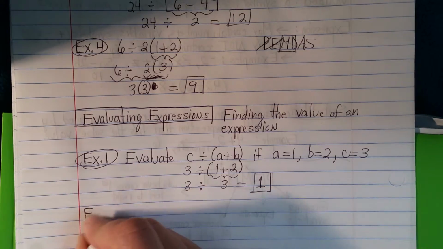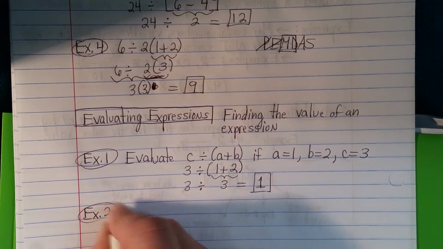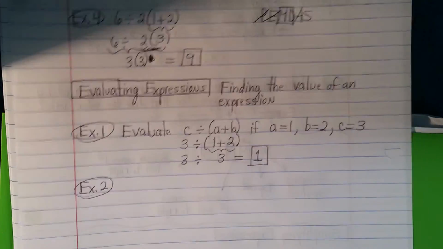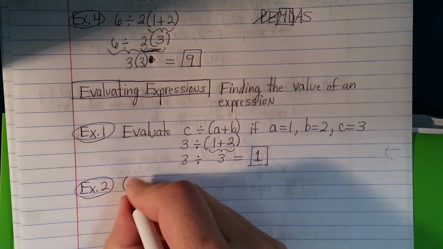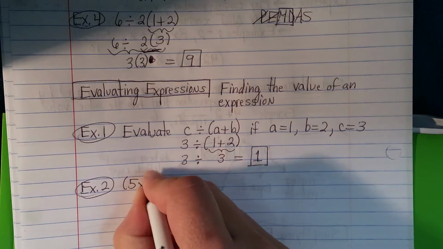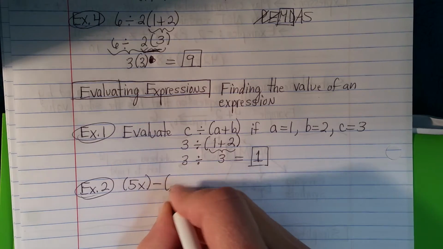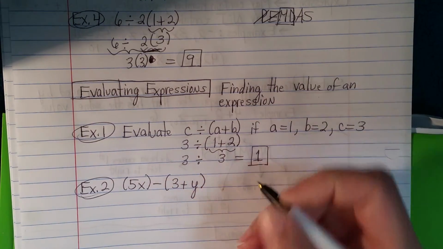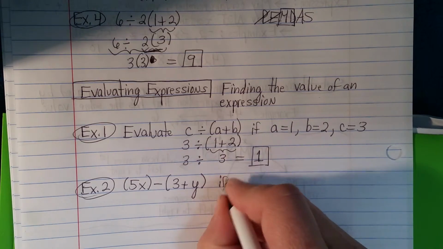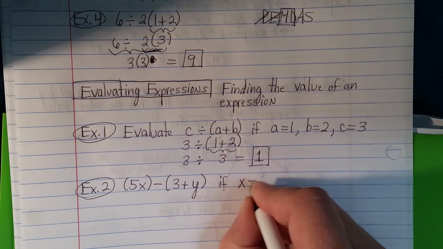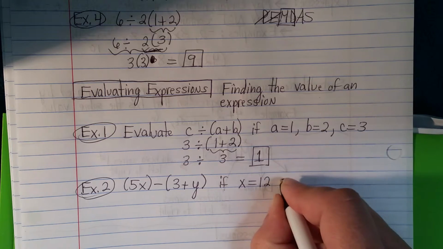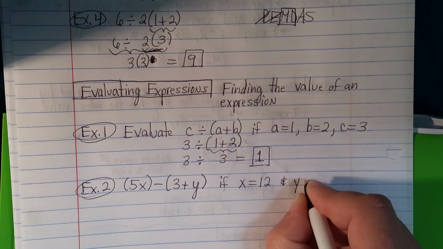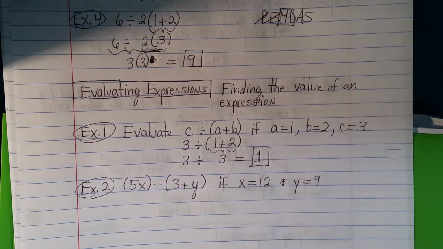Example 2. 5x minus (3 plus y), if x equals 12 and y equals 9.